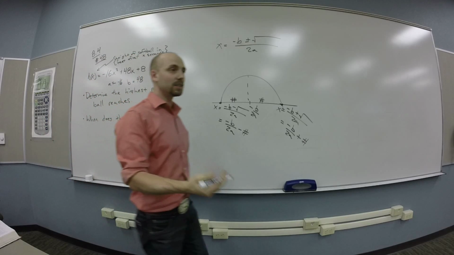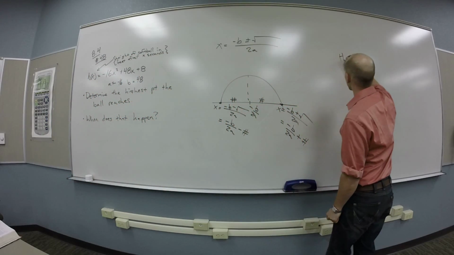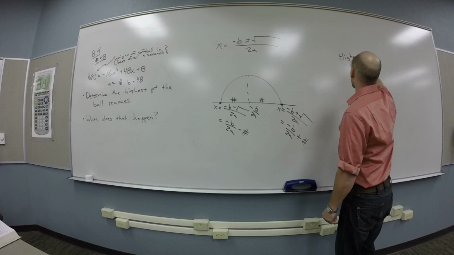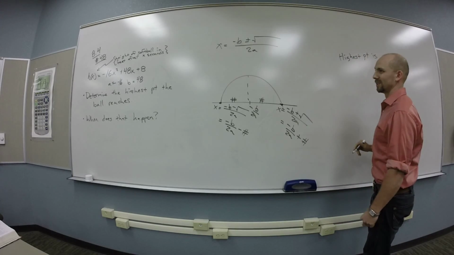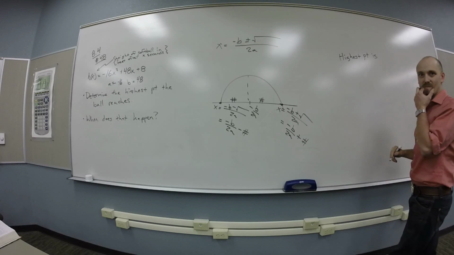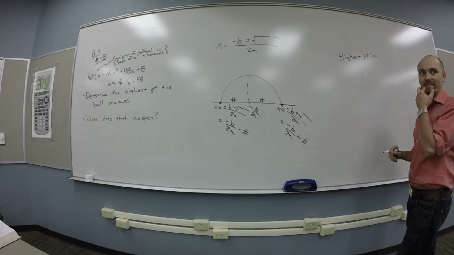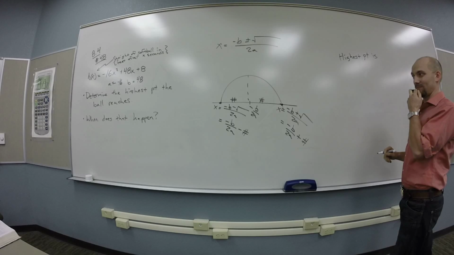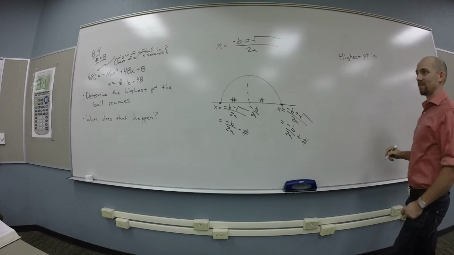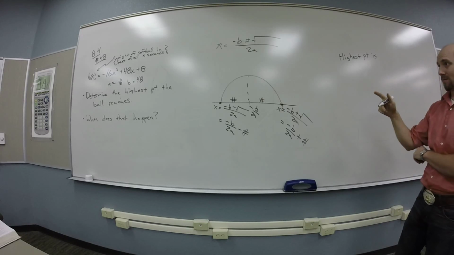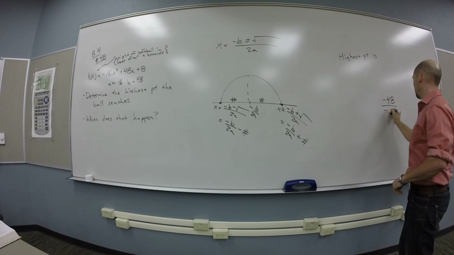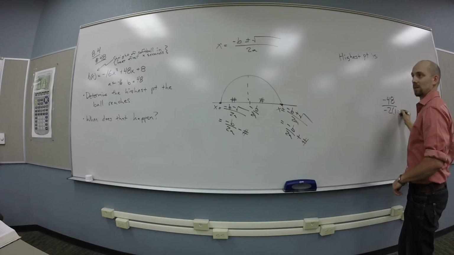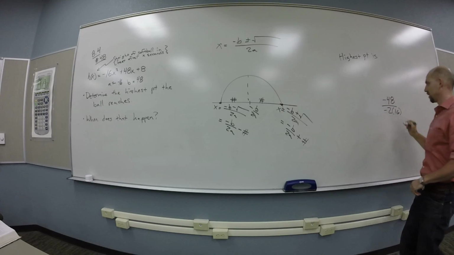Okay, so the highest point is at, what's 48 over 32? Negative 48 over negative twice 16, right?